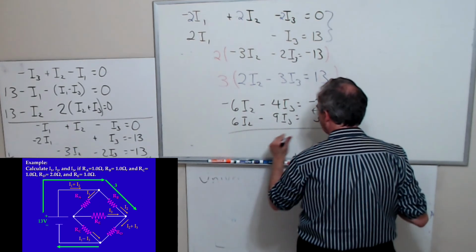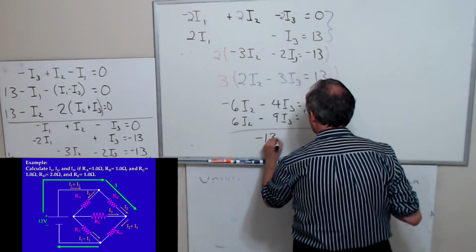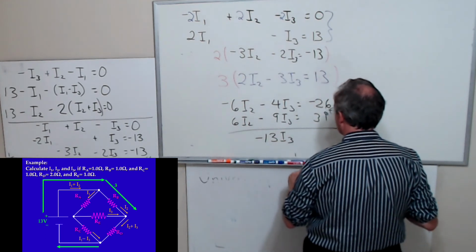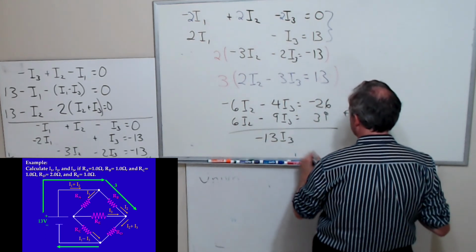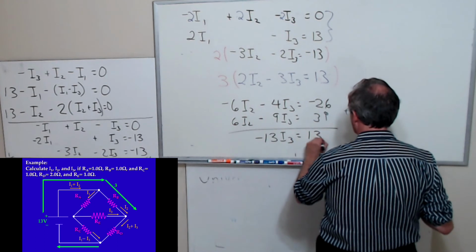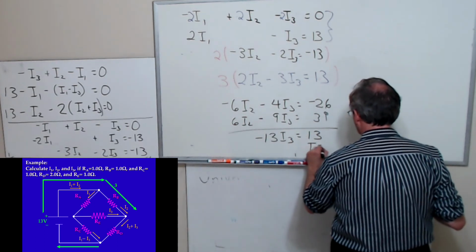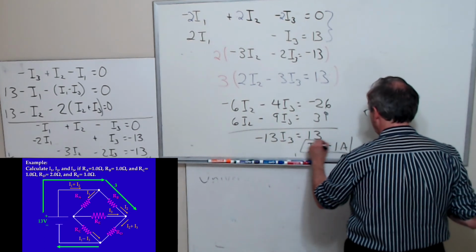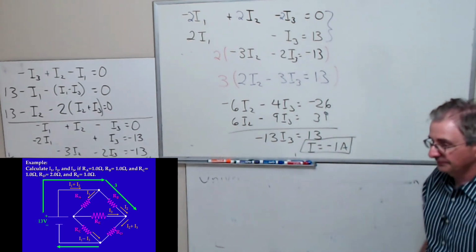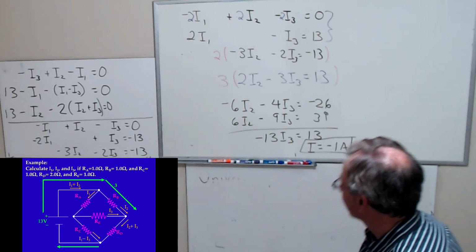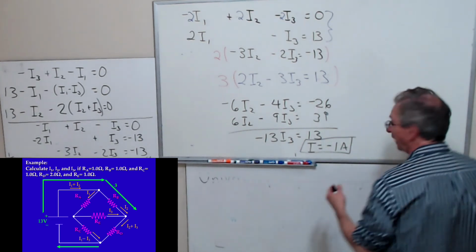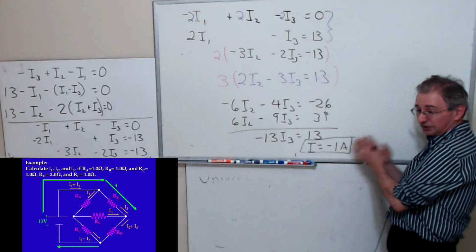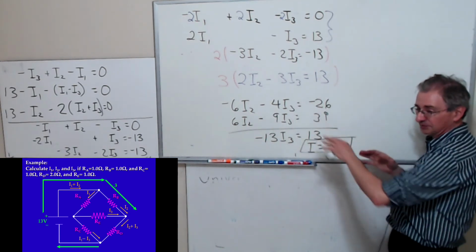I3 equals -1. And this just means that our guessed direction is wrong. Correct. I still got the answer, it's just that the current goes in the opposite direction.